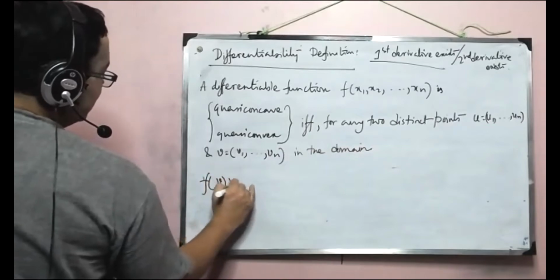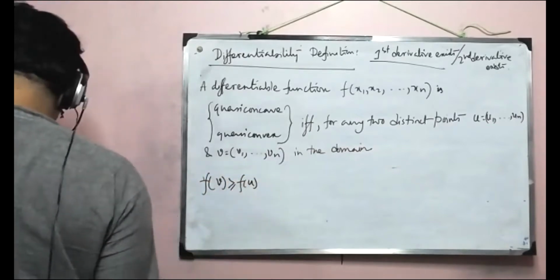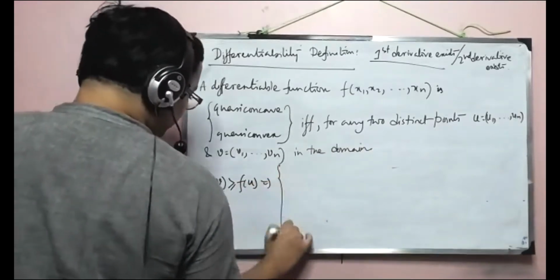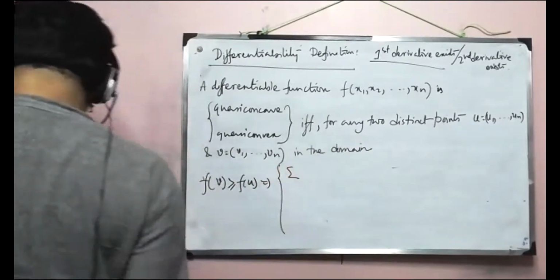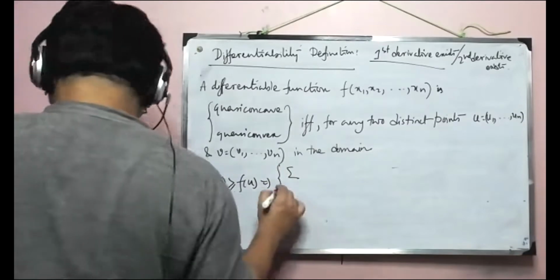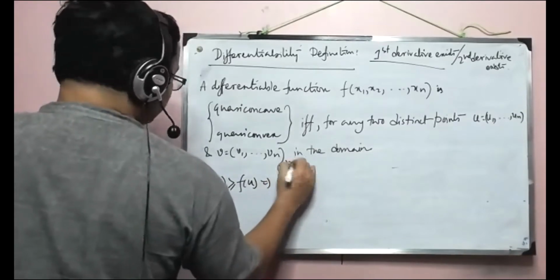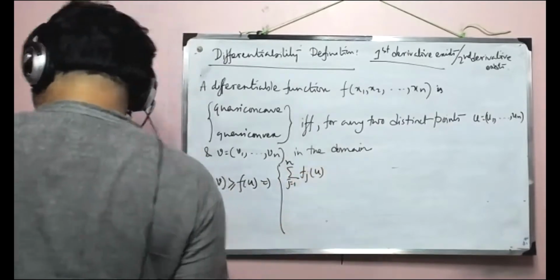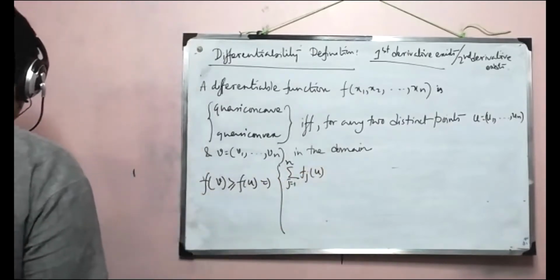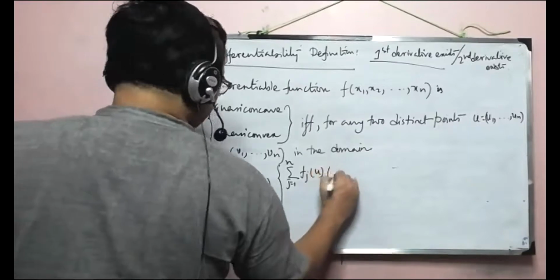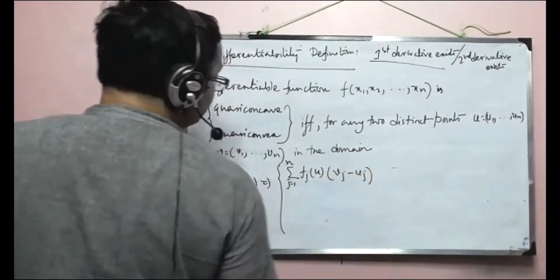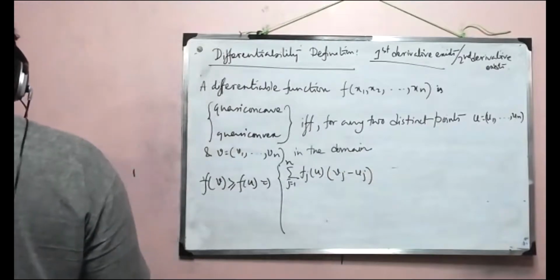f(v) greater than or equal to f(u) implies, since we have n, we have to write it like this, the sum for j equal to 1 to n of f_j(u), which is basically the jth partial derivative, times (vj minus uj).